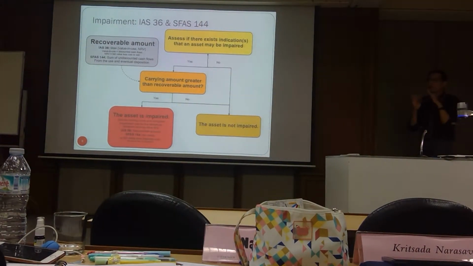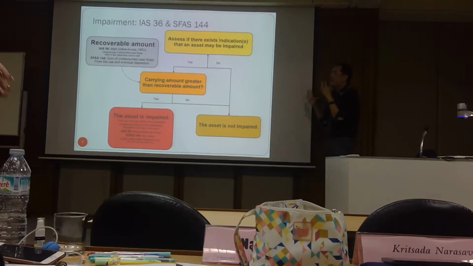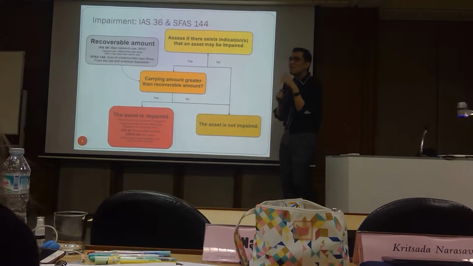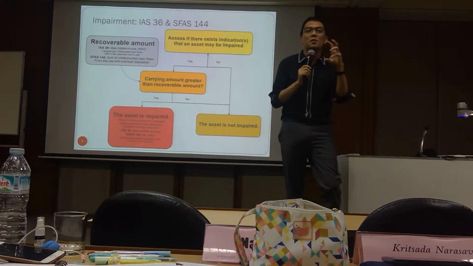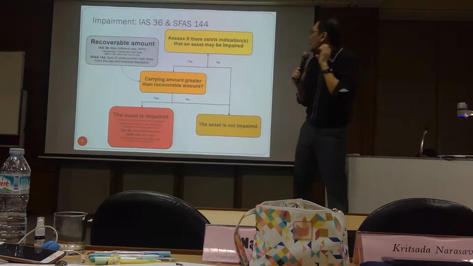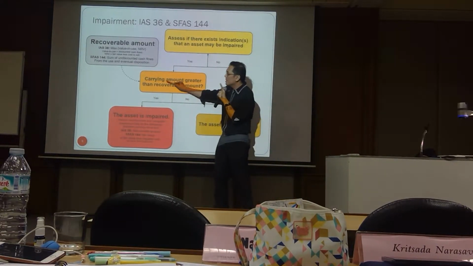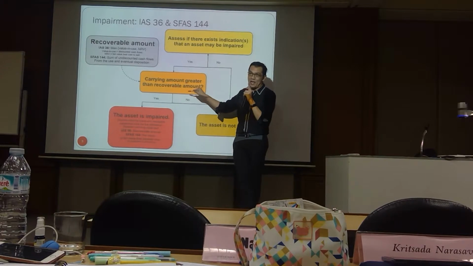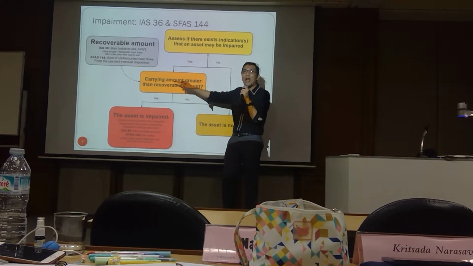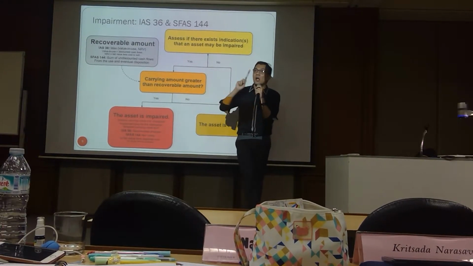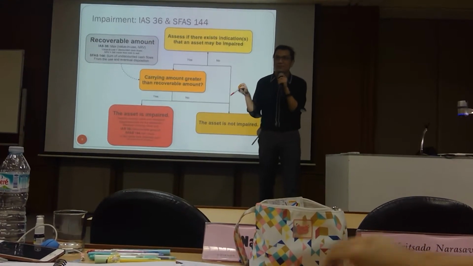When we talk about loan impairment, we have a diagram like this. If we have indicators that the loan is going to be impaired, you need to compare two things: CA versus RA. CA is carrying amount, RA is recoverable amount.